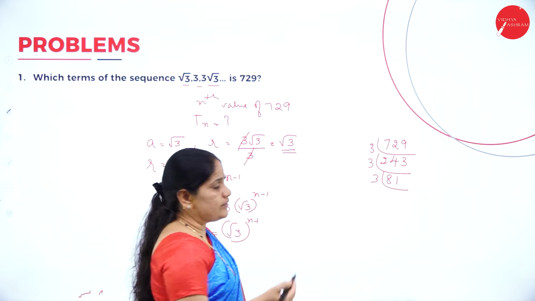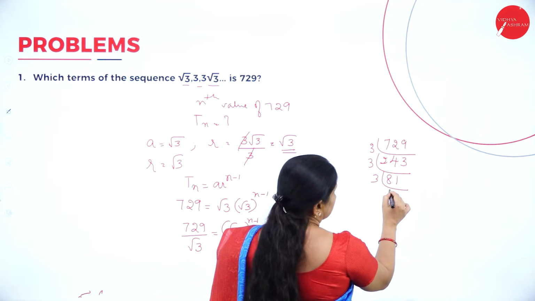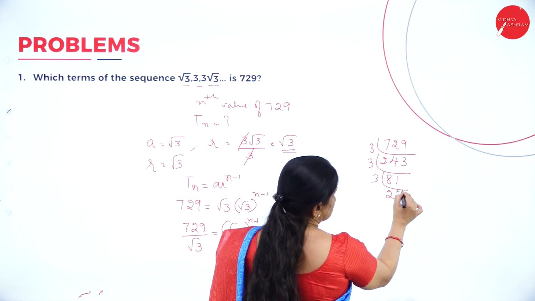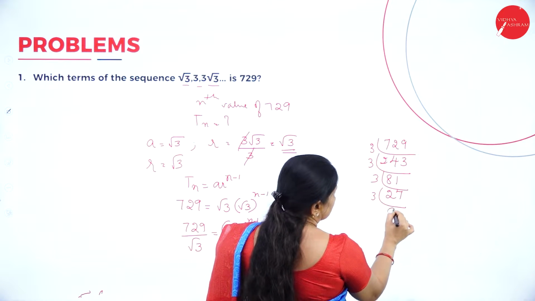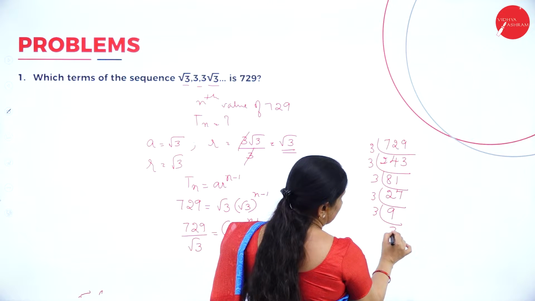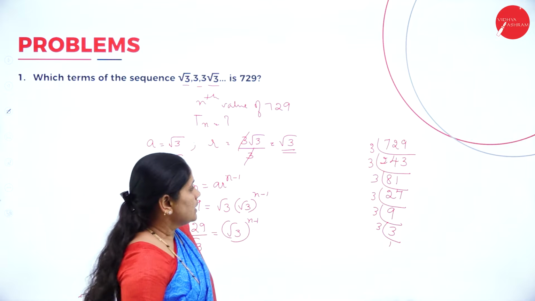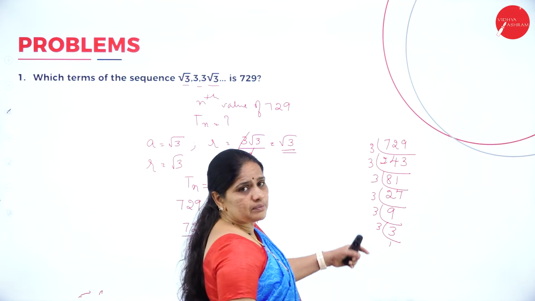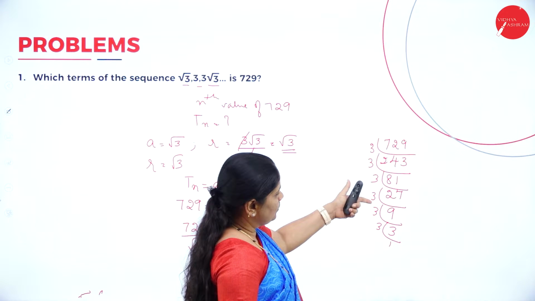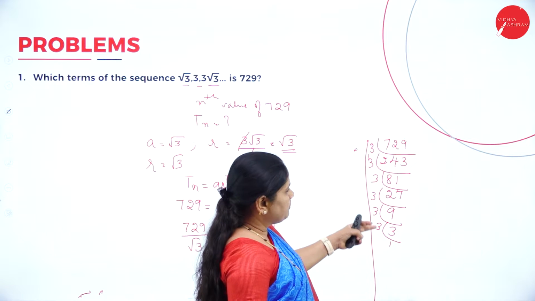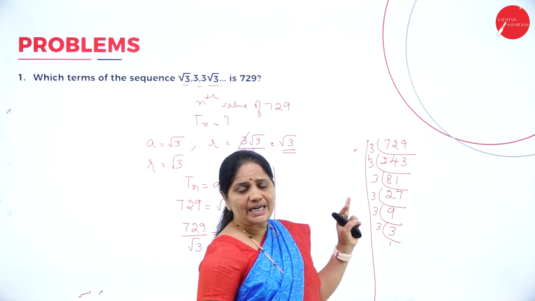Now 81, when we divide it by 3, 3 2s are 6, 3 7s are 21, 3 9s are 27, 3 3s are 9, 3 1s are 3. Now, how many times have we multiplied 3? 1, 2, 3, 4, 5, 6 times. 3 to the power of 6 equals 729.